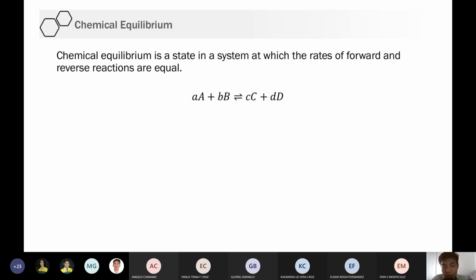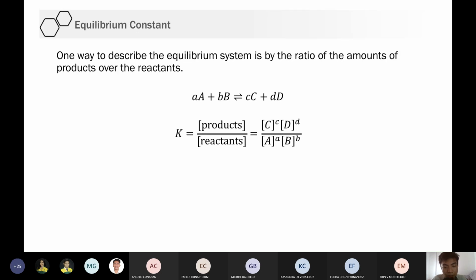Yan na yan. Okay. Ano yung importance nito sa analytical chemistry? The importance of equilibrium in analytical chemistry is that we can actually quantify the amount of matter we have whenever we have equilibrium systems. And for us to calculate or to quantify the amount of substances in our equilibrium systems, we have to make use of the equilibrium constant.